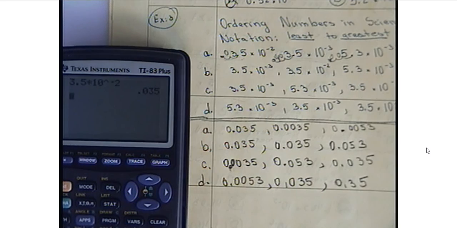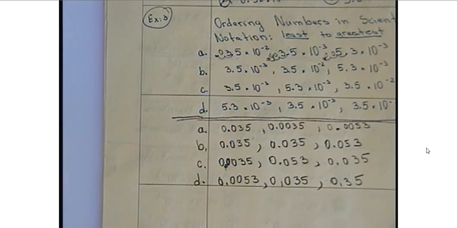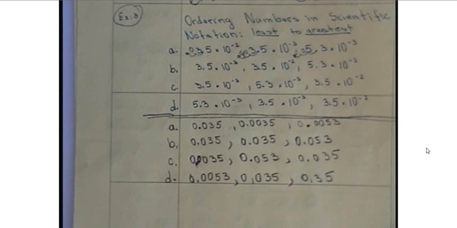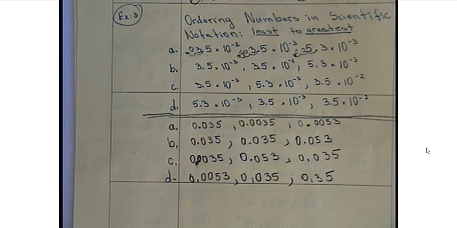Alright, so let's take a look at those numbers. First thing, we know that the smaller number will be the one that has the most zeros up front, right? Because no matter if we have 5, 9, 8, 7, if the number has 2 zeros or 3 zeros up front compared to other numbers, then that will be the smallest one.